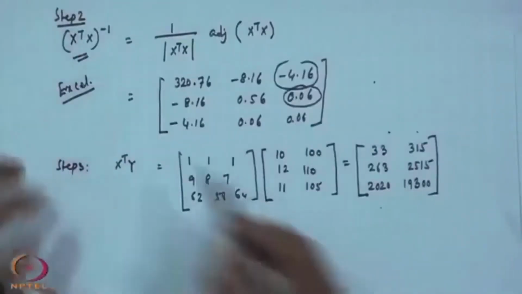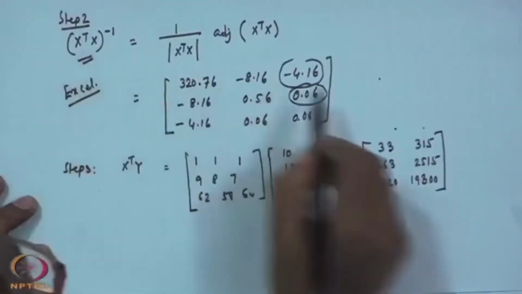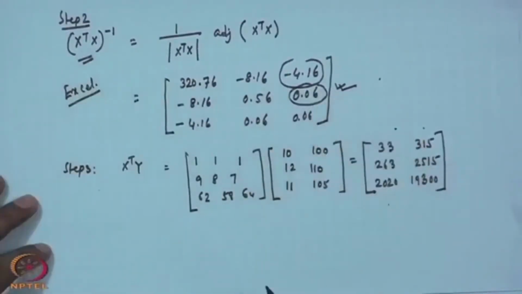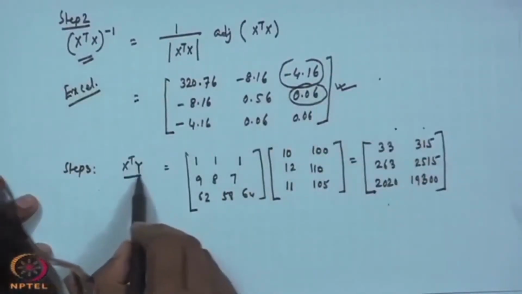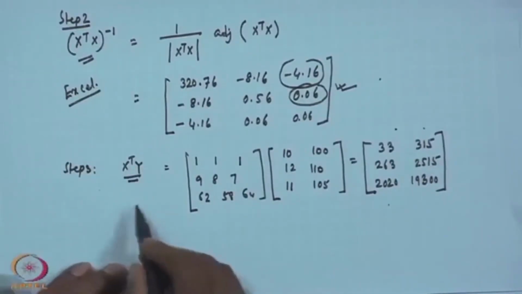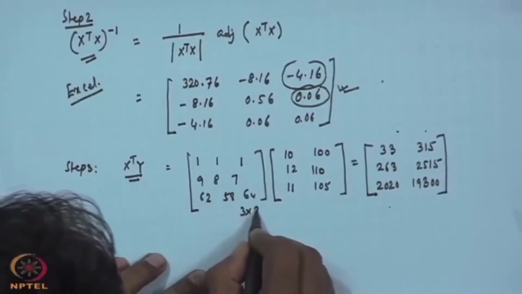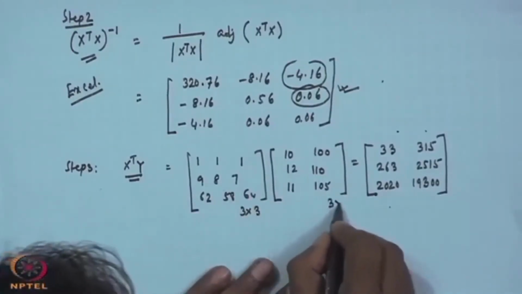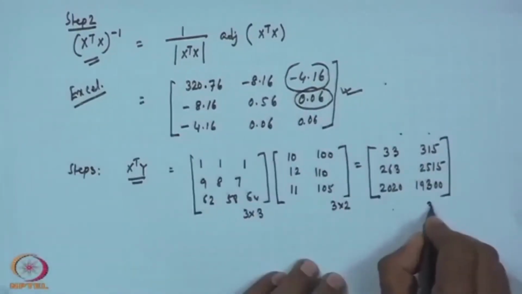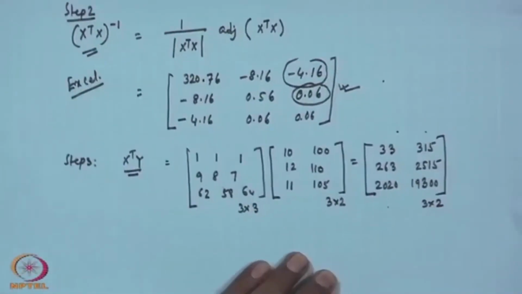Then step 2, we want the inverse of this X transpose X, this value is like this, and step 3 is you have to find out X transpose Y, because you see that X transpose is 3 cross 3 and Y is 3 cross 2, so you will be getting a resultant matrix of 3 cross 2.